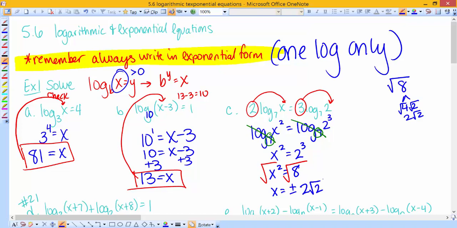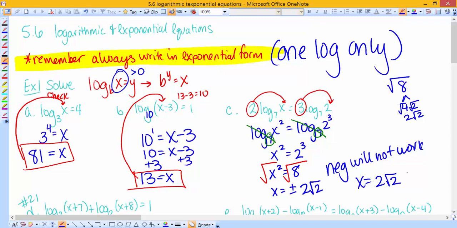I have a positive square root of 8 and I have a negative square root of 8. So I only need to check into the first log because that's the only one with an x. So if I plug in positive square root of 8, that works. If I plug in negative square root of 8, that does not work. The negative will not work. Therefore, x only equals positive 2 root 2.